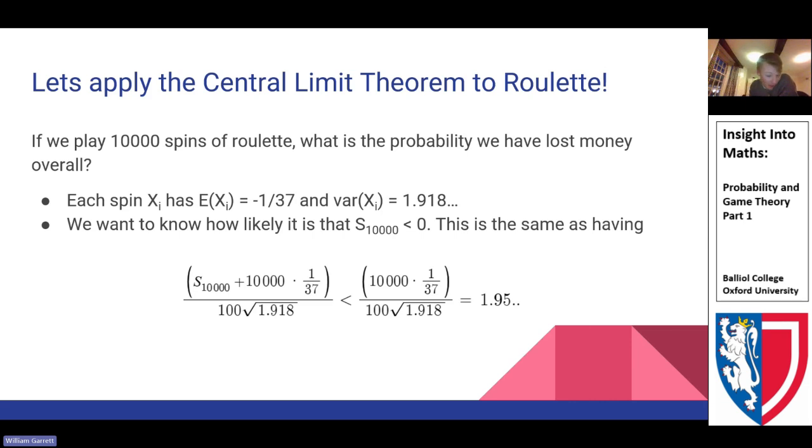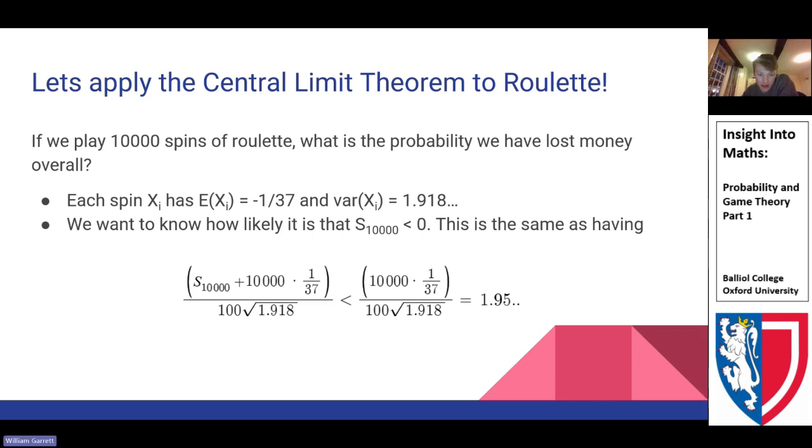We'll just use the approximation for now. So that's the variance. So now we're going to subtract 10,000 times our mean, which gives us this numerator here from S 10,000. Okay. And when we divide by square root of n times s, we end up dividing by 10 times the square root of 1.918.